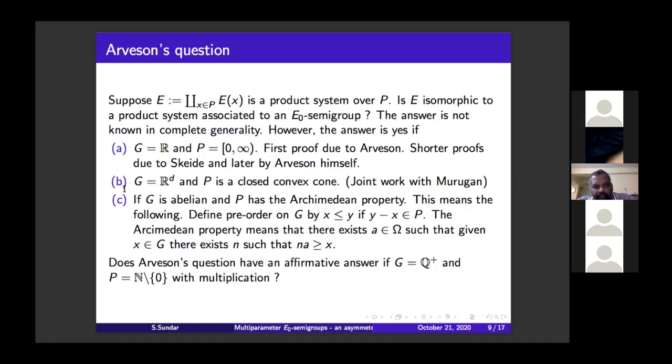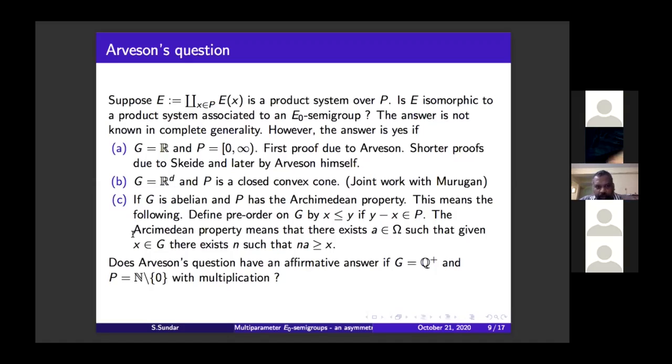A and B are special cases of C. In fact, C is just an incremental generalization of B. The proof of B is adapted from A, and the proof of A and B will work for C also. So C is just an incremental result.